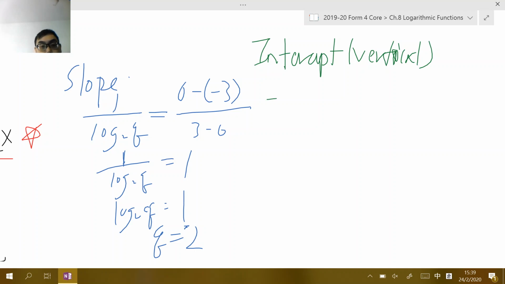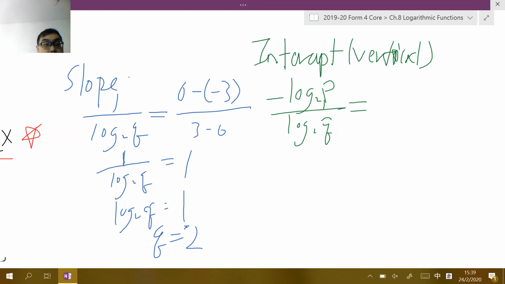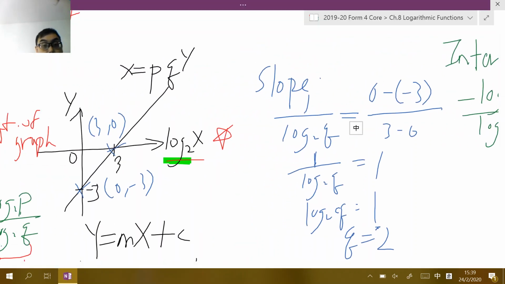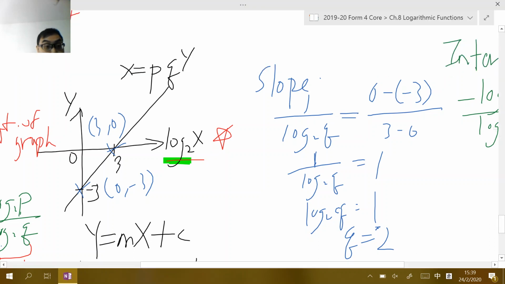As we said, including the negative side, negative log 2p over log 2q. This time, this should be equal to the intercept vertically, and you can see the intercept vertically would be this number, negative 3.